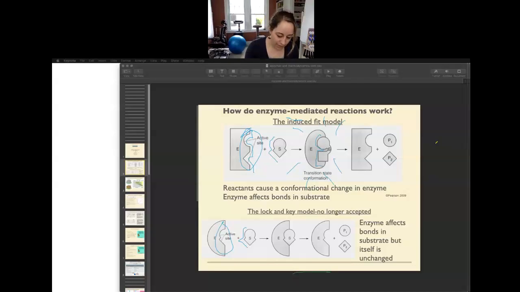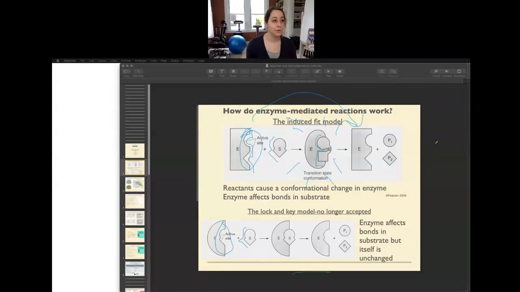The other thing I want to point out, which is true of both models, is that the enzyme returns to its original state. So one of the key characteristics of enzymes is that they can be used over and over again.